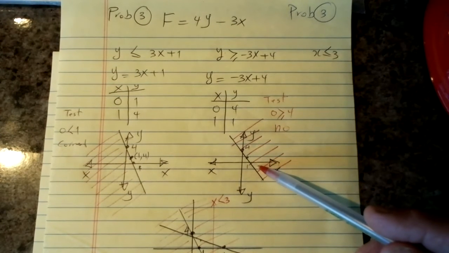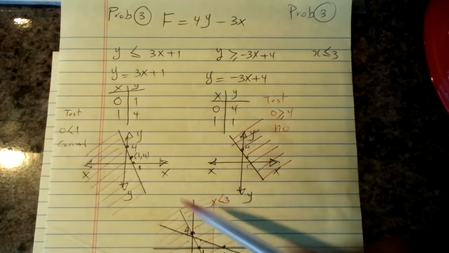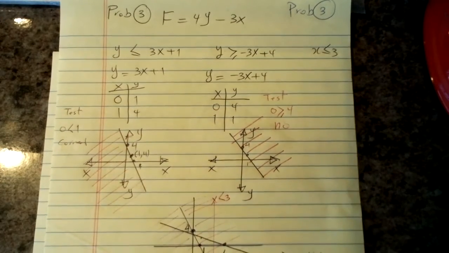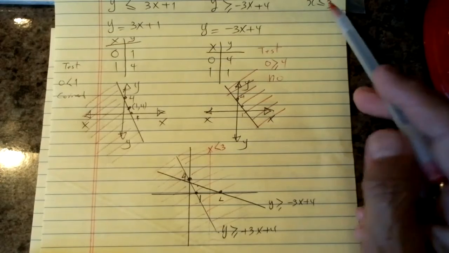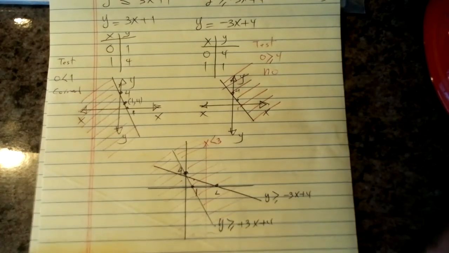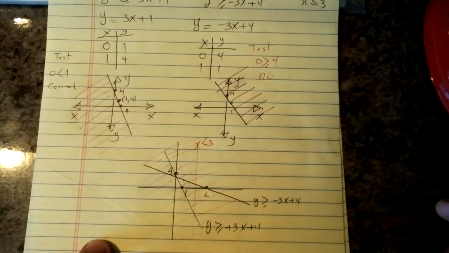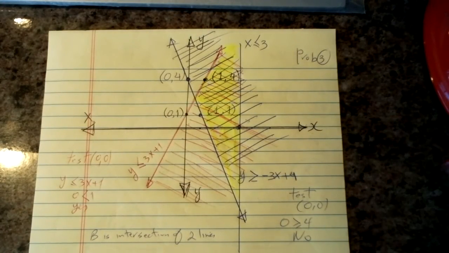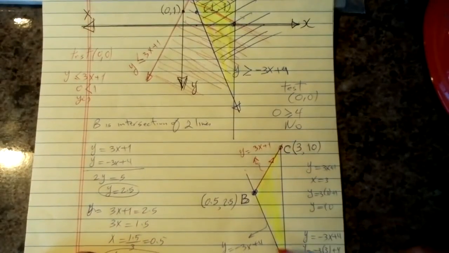So if you graph this one and shade here, or graph that and shade here, and x is always less than 3. Then you need to find the common area. The common area shows on the next page. I enlarged it so you could see it better. This is a triangle.